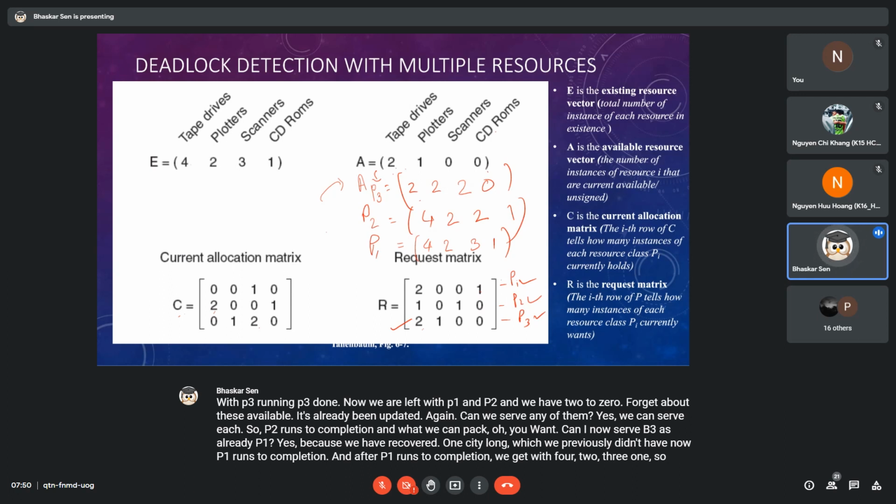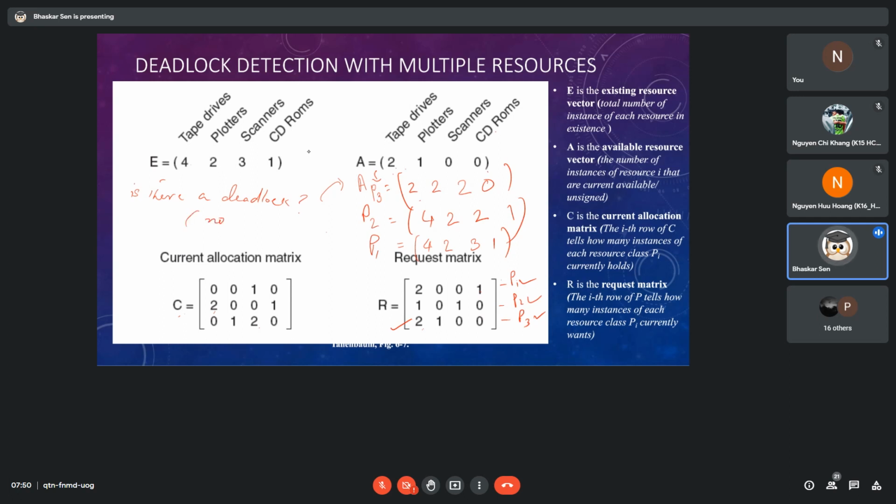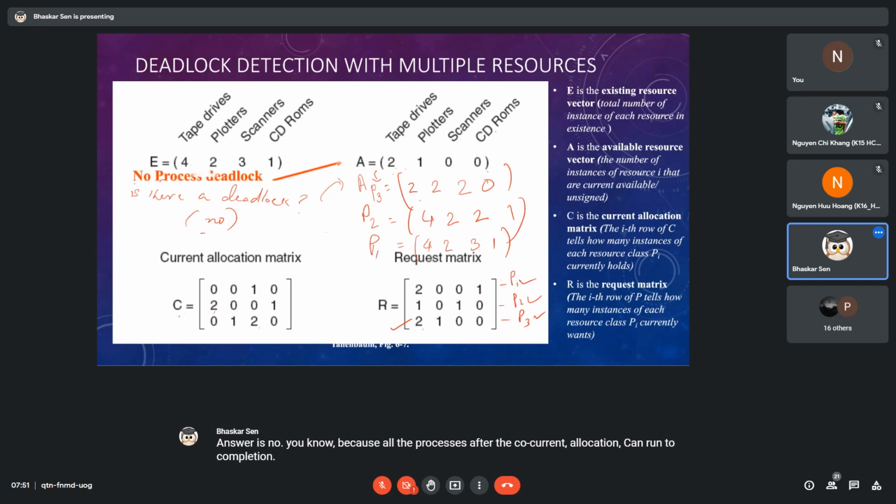So in this context, we answer: is there a deadlock? The answer is no, because all the processes after the current allocation can run to completion. No process deadlock. Okay?